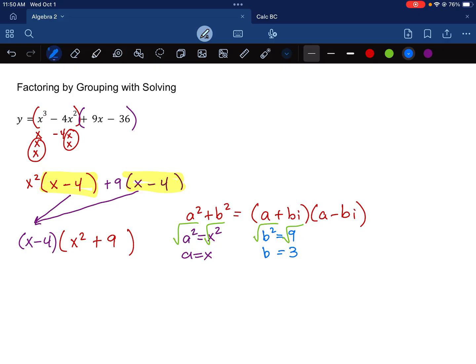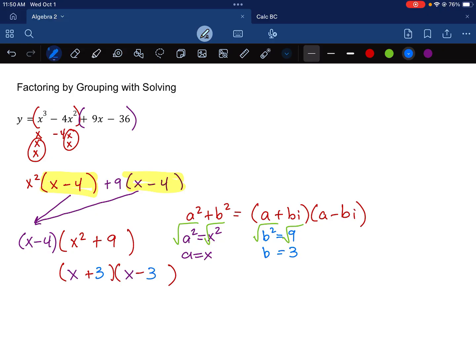So we can go back to our equation here, and a always goes first, so x is going to go first, and then we have our plus and minus, and then our b always goes second, so 3 and 3.